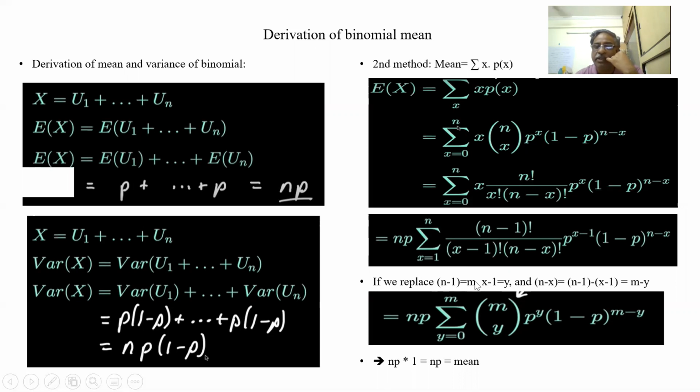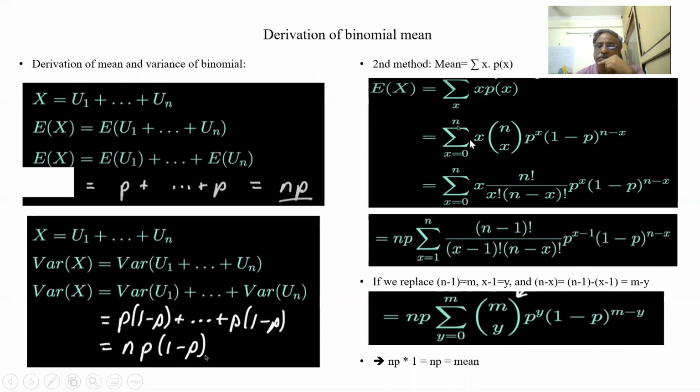Then this becomes m factorial by y factorial, m minus y factorial, so mCy. N minus x is m minus y. So this becomes mCy into p to the power of y into q to the power of m minus y, summed over y from 0 to m. So this is a full probability.